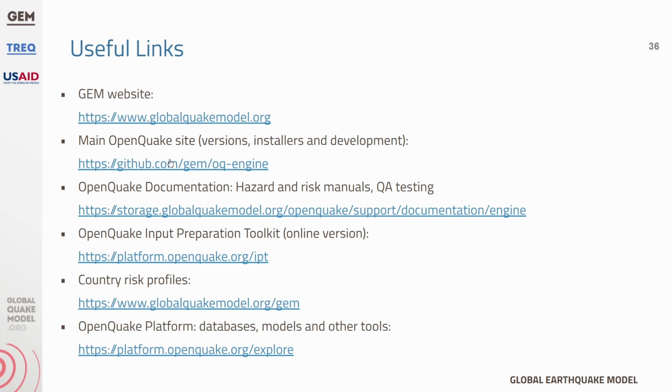We also have the engine repos where we maintain the engine, the OpenQuake documentation, so the risk and hazard manuals, testing, additional tools, etc. We also have the platform where you can find fragility models, researchers sharing their knowledge through the platform. We also have the country risk profiles, the OpenQuake platform again, and also this YouTube channel where we will be uploading training sessions, hands-on exercises, etc., that you can refer to in the future.